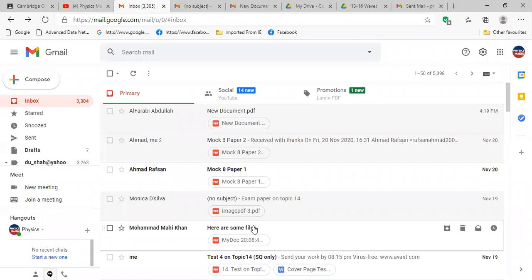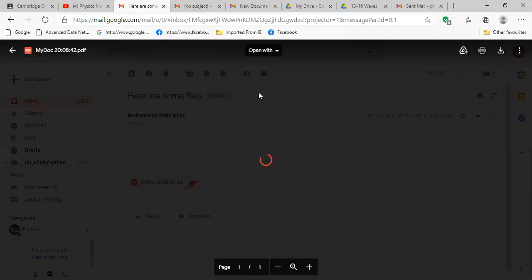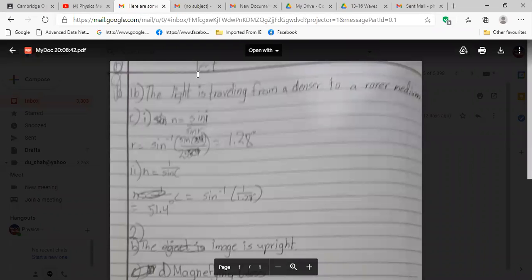Okay, sir. Another point: when you are giving the email and your file, you should write some information. Test on topic 14 SQ at least. SQ means structured questions only. Then you write the date. It's very important, right? The date, and if possible the time also you mention. Okay, sir.